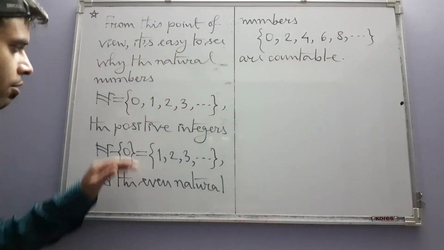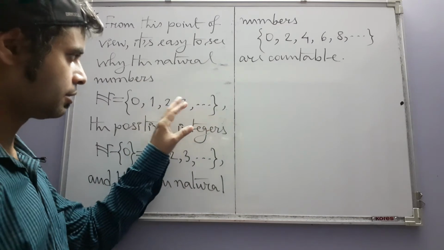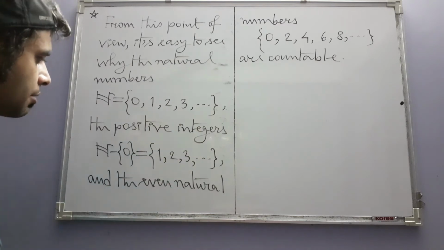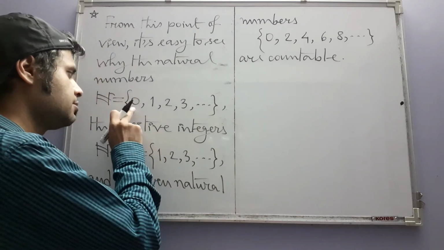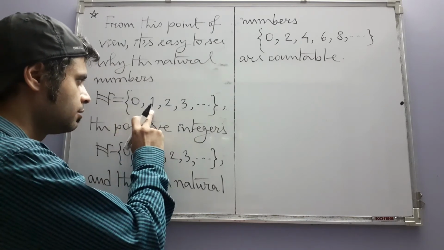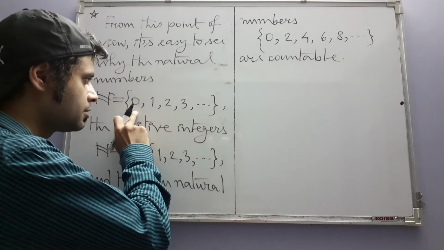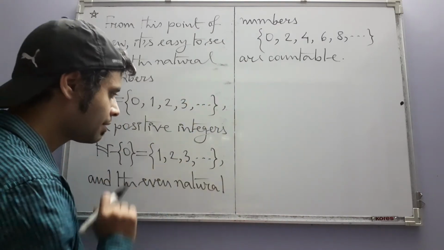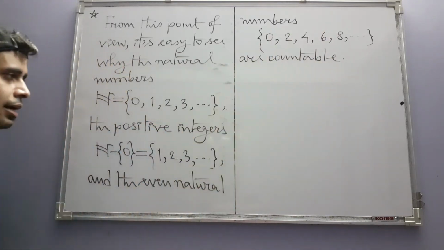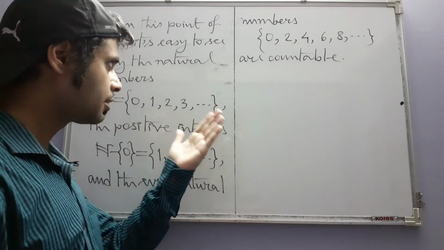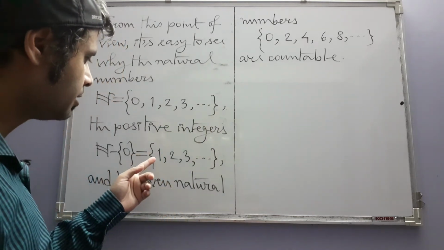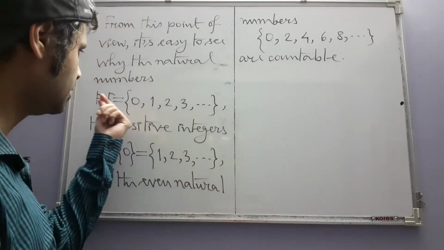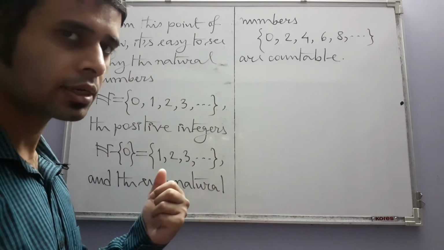Because you see, in all of these sets we have written the sets in roster form, that is tabular form, where we list the elements separated by comma. We know that the things start at some point and then they follow a definite pattern, and once you get the pattern, actually you get everything. And from these representations of these sets, you can immediately see what that bijective function is that the set needs to have with N in order to claim that it is countable.